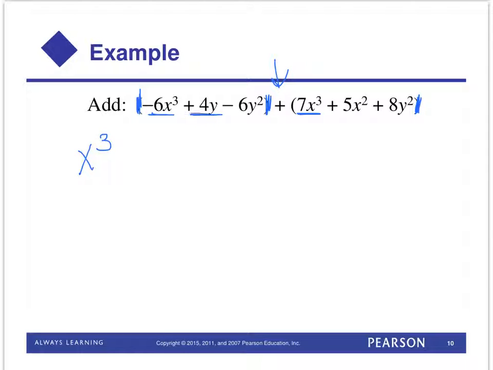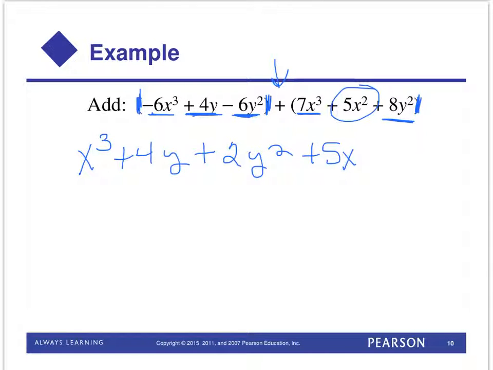I have a 4y, and I don't have another 4y, so I'm just going to bring it down. I have a negative 6y squared, and I have a positive 8y squared, so that's giving me a plus 2y squared. And then I did not have an x to the second, so I'm just simply going to bring that down.